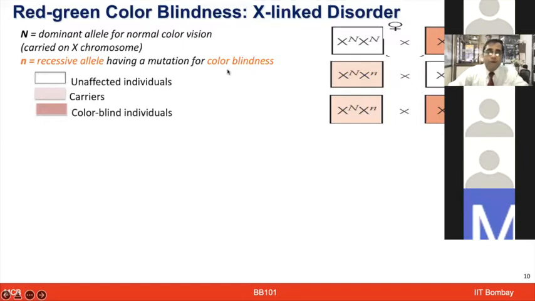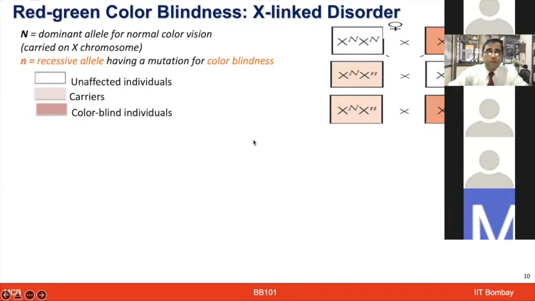So if you use these notations, unaffected individuals are purely white, carriers are the light pink color, and the colorblind individuals are the orange color.